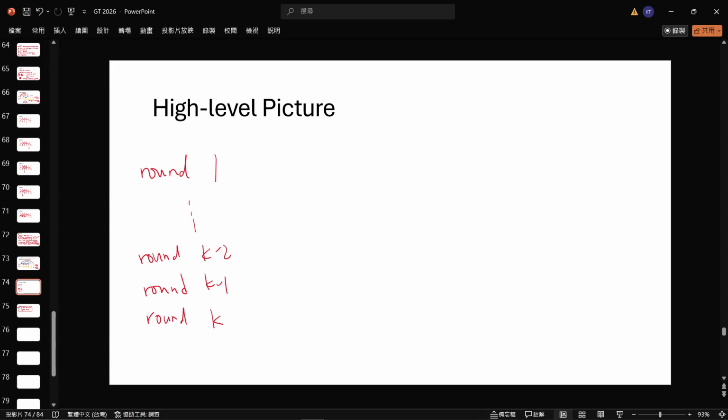Okay, so let's suppose round K is the last round. And if you want to be precise, how many rounds do we have? I think it should be m minus 1.